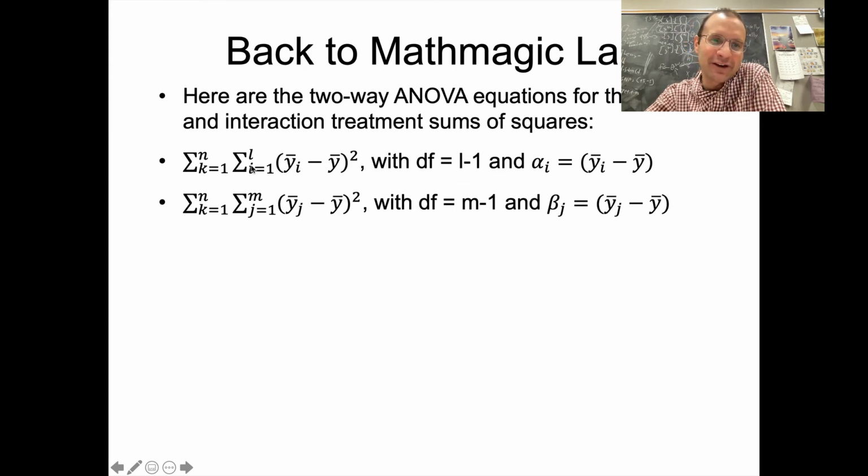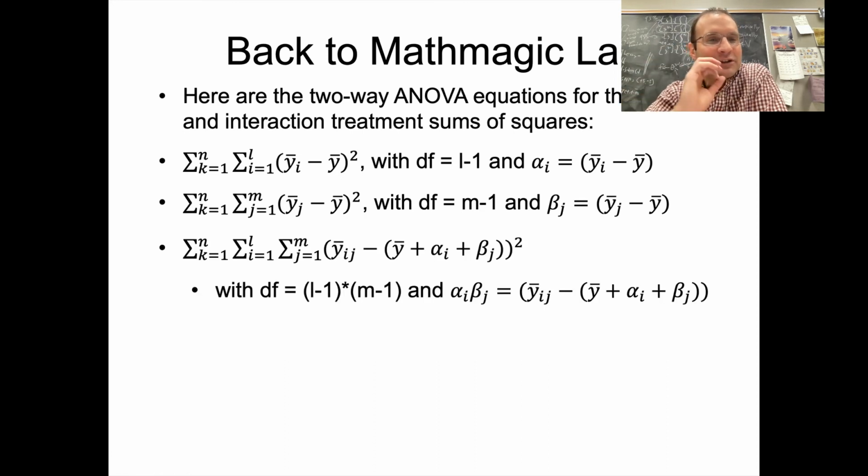And this is the notation that always caused me problems writing on the board, but this is an L up here. This is not a 1, this is an L, and that's an M, and we just go down through the alphabet that way. The tricky part is calculating that interaction sum of squares. For the interaction, you have to come up with the mean of those two factor levels together, y bar sub ij, and then you subtract from that the grand mean plus the treatment effect for alpha sub i plus the treatment effect for beta sub j.